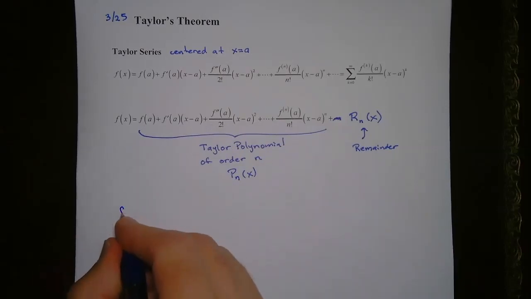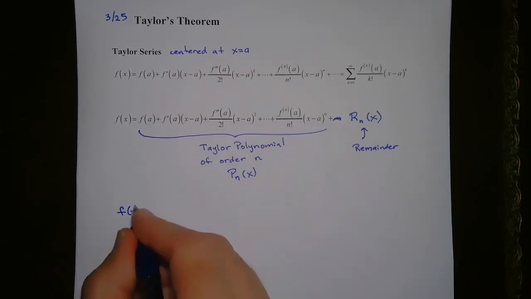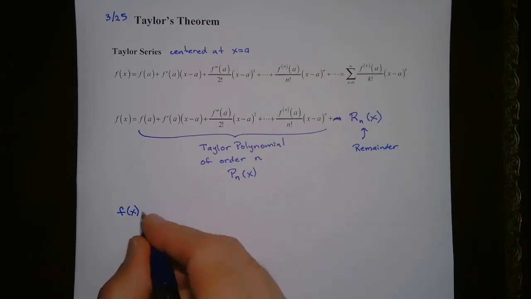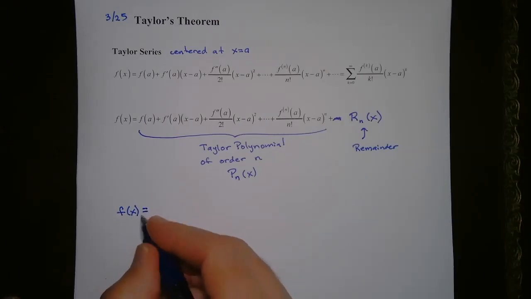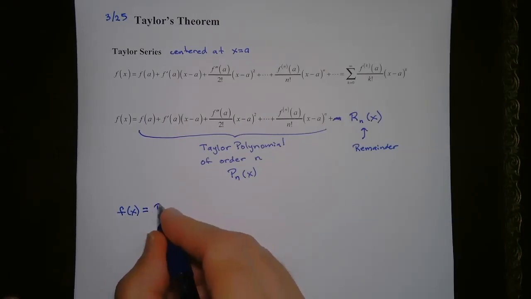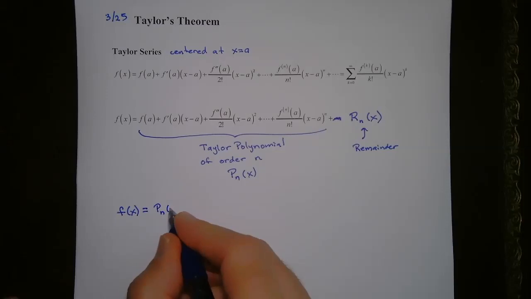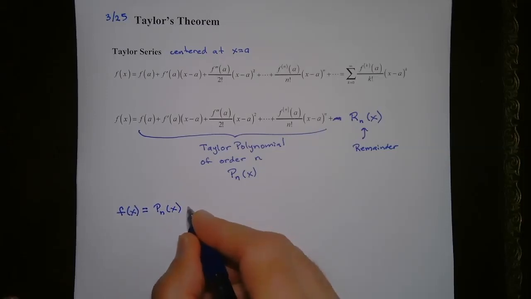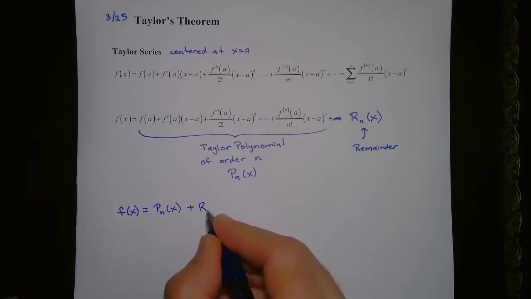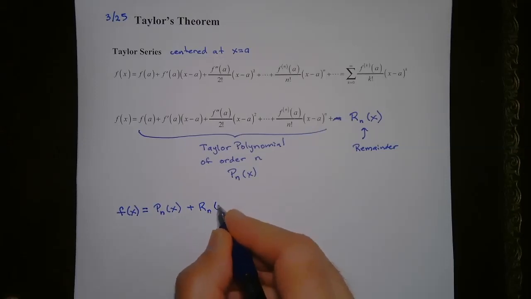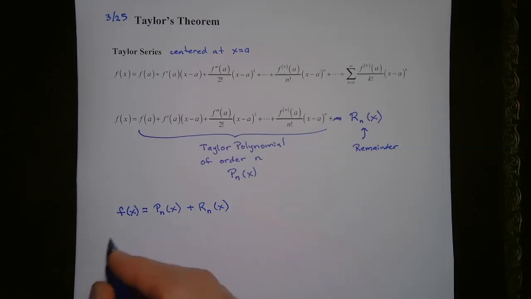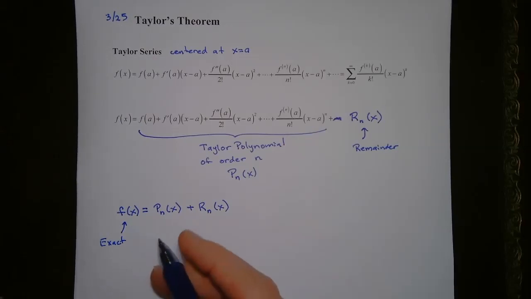To help you understand what I'm talking about, we have f of x, the actual function, like e to the x or one of those, which is equivalent to the Taylor polynomial of order n plus the remainder r sub n of x. So this is the exact function. We get the exact values for the function.